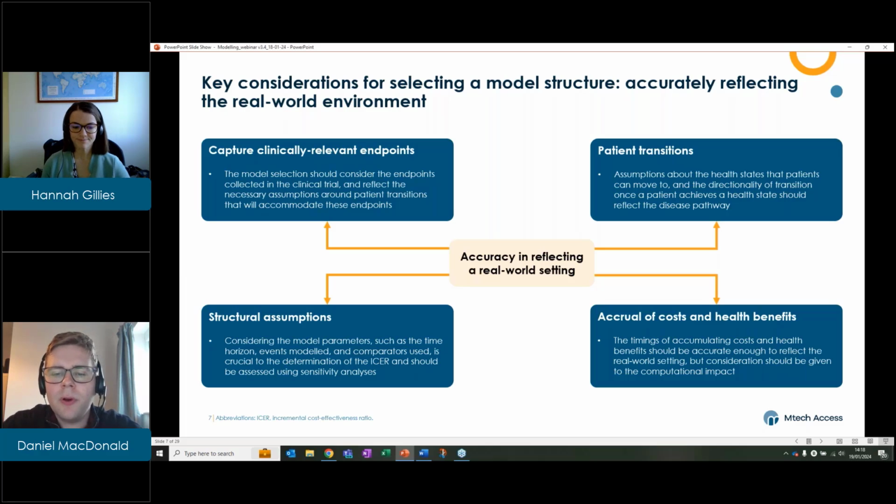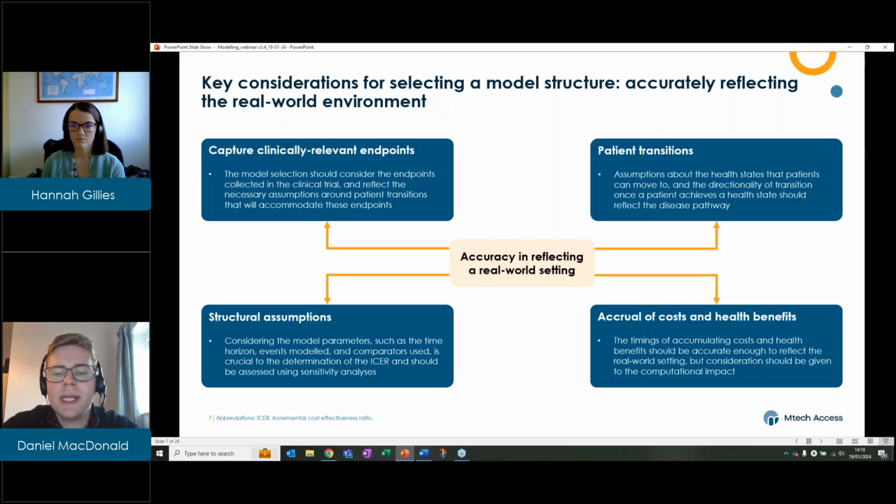And then accrual of costs and health benefits. So this focuses on the timings of accumulating the costs and the qualities. An example, going back to an indication where you've got very aggressive disease, is if you see a lot of changes in a clinical or a disease pathway early on, let's say within the first couple of months of the model.